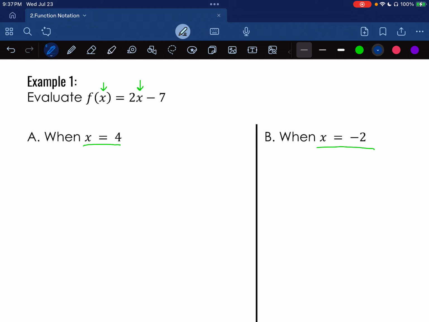I'm just going to rewrite f of x is equal to 2x minus 7. See how everywhere I'm drawing an x, that's going to get replaced.